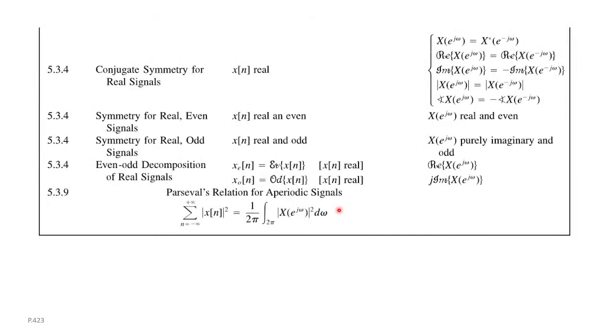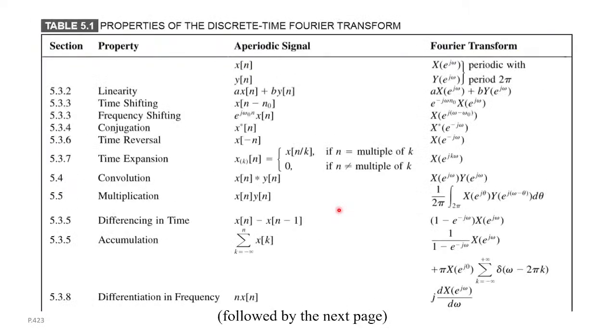As a reminder, we were talking about this discrete Fourier transform. We have some discrete signal, and we transform it to its Fourier transform in the frequency domain, big X of e to the j omega, which is periodic with period 2 pi.